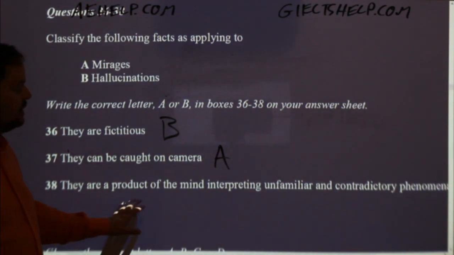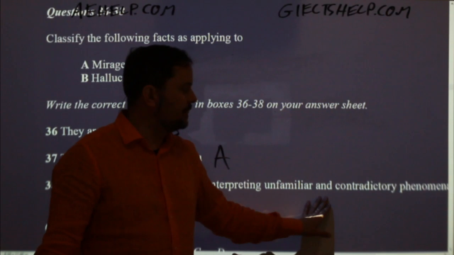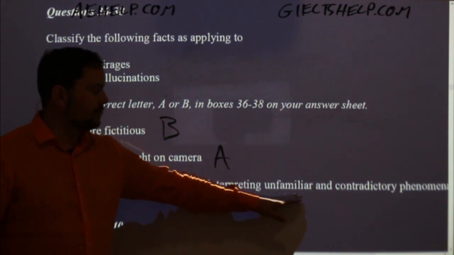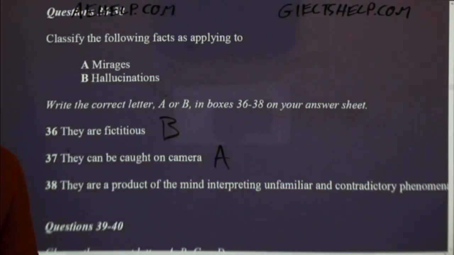They are a product of the mind interpreting unfamiliar and contradictory phenomenon. Number 38. They are a product of the mind interpreting unfamiliar and contradictory phenomenon? A or B? Is it a mirage or a hallucination?